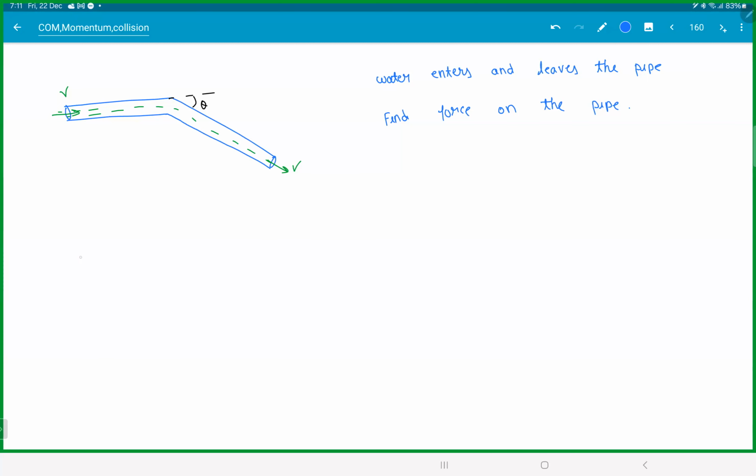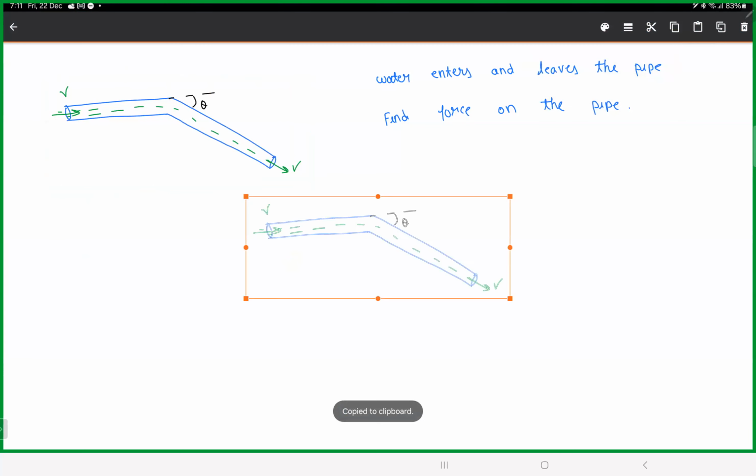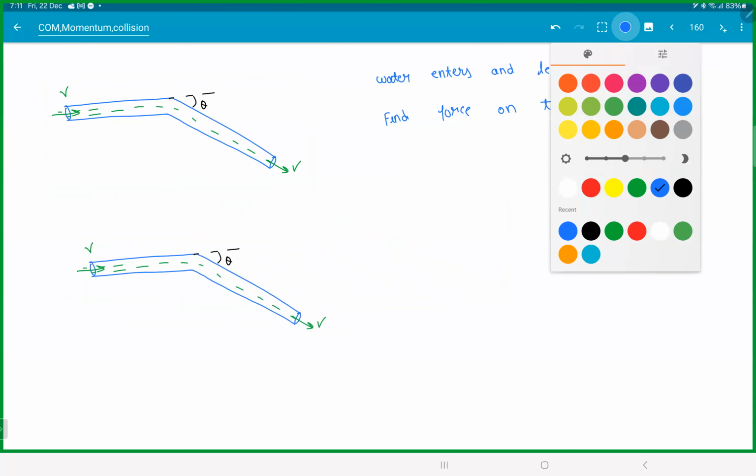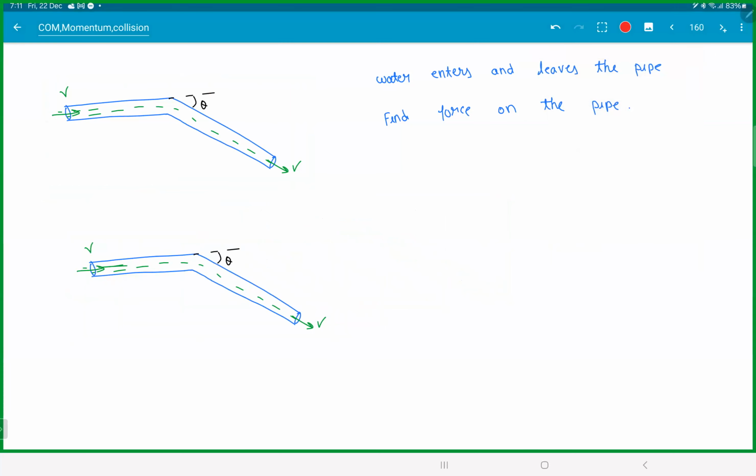So what is the catch here? When you have a water jet here, see, when the water enters, it will hit with a force of rho A v square.